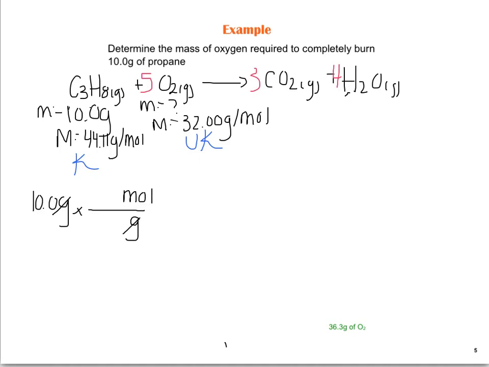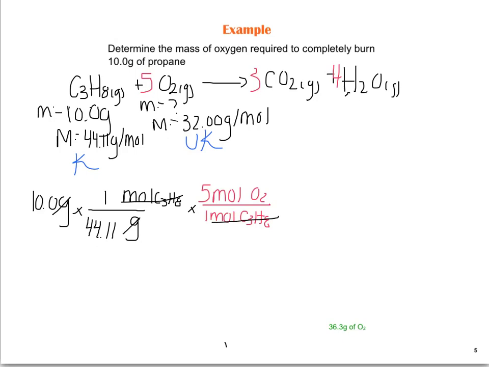Grams and moles in the same unit is a molar mass, so 44.11 grams per 1 mole of propane, so C3H8. All right, now we need to get rid of moles of C3H8 and switch to moles of oxygen. So this is our mole ratio, unknown over known. So we're going to get 5 moles of O2 per 1 mole C3H8, and our moles of C3H8 cancel again.